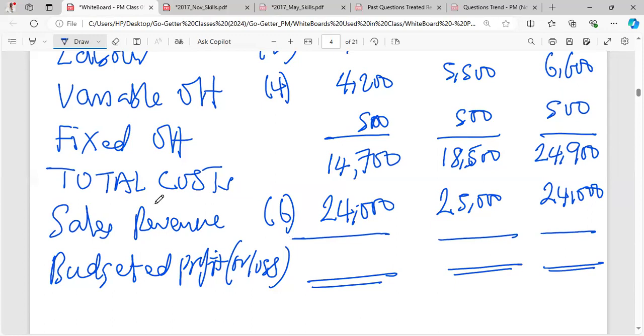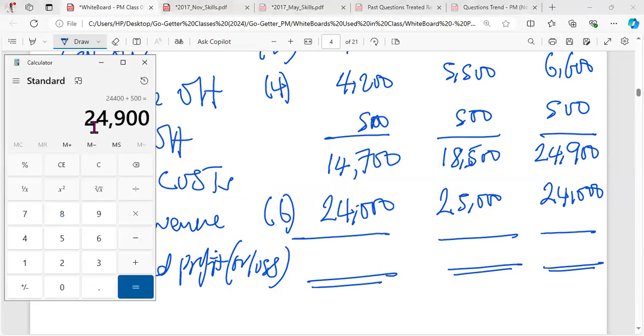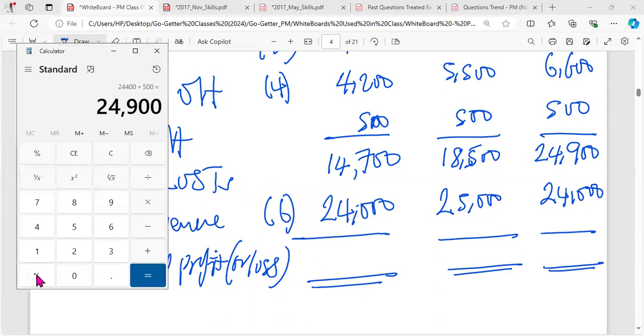So even though you put your cost first and you put your revenue under, you have to do revenue minus cost. So I'm already having 24,900 here as my total cost. Since it's going to be in the negative side, I'll put a negative to it. I'll just say plus 24. So what I mean here is 24,000 minus 24,900 gives me a loss of 900,000.